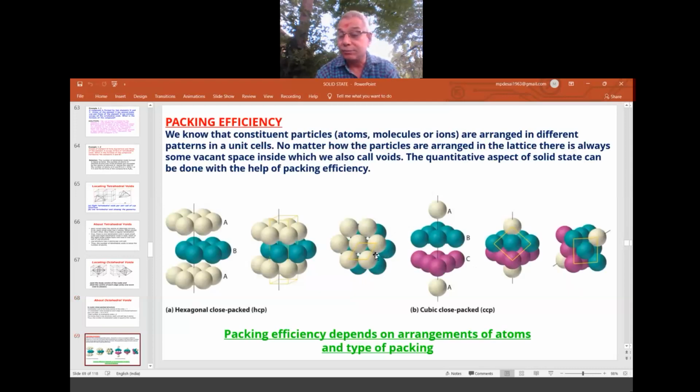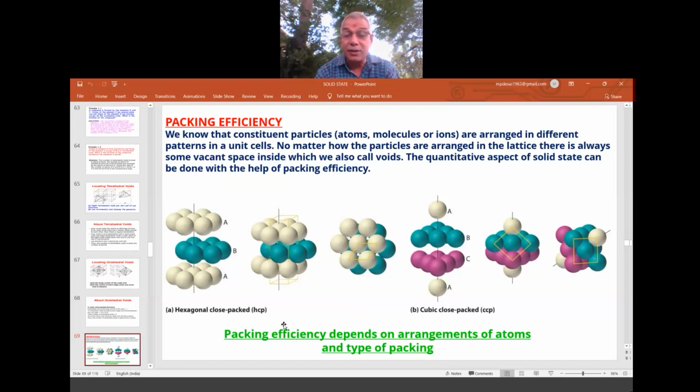Yeah. So this is what packing efficiency, or the packing fraction, is. Okay. I told you how closely they want to pack. So as much as possible they want to pack closely, but still some gaps are created. Okay. So what is packing efficiency? Packing efficiency is how close they are. Okay.